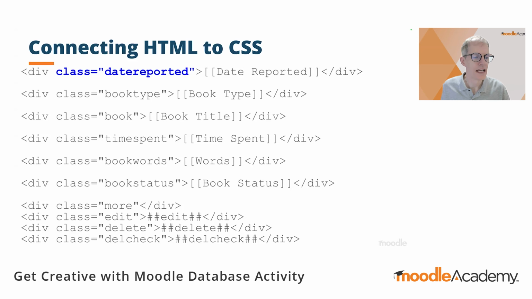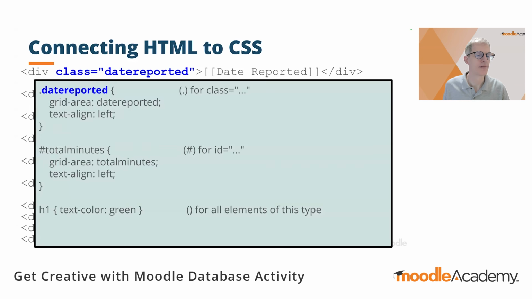Okay, so let me continue forward. I'm going to overlay the CSS on top of this HTML, so a box is going to appear on top. In the CSS file overlaid on the top, there are some definitions. The period before date reported will tell CSS to refer to any element with a class equal to this name.